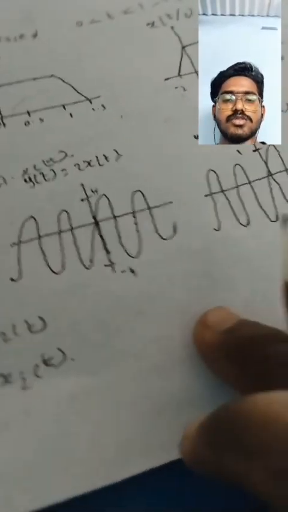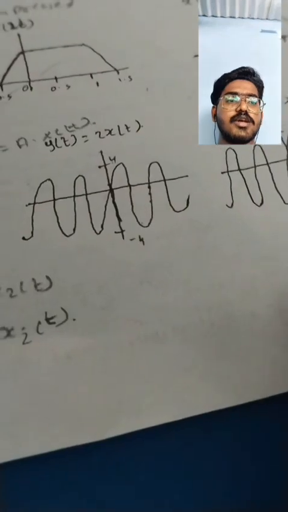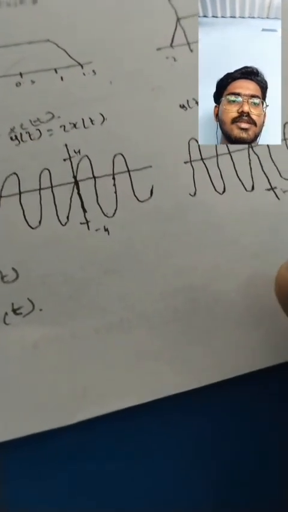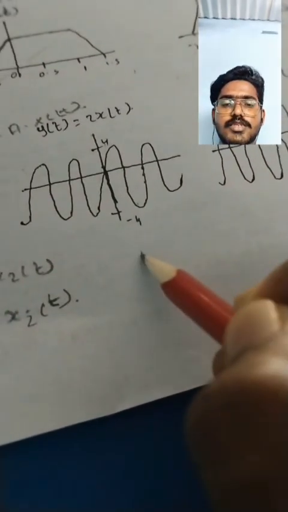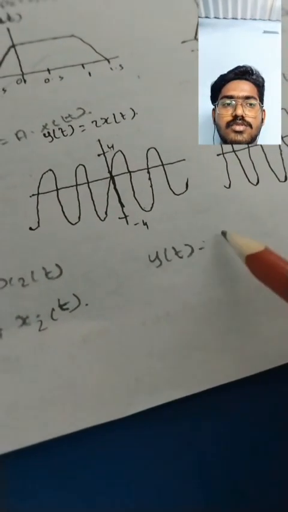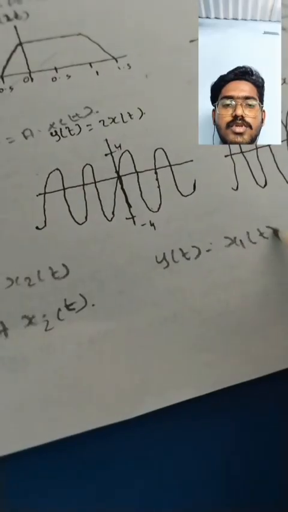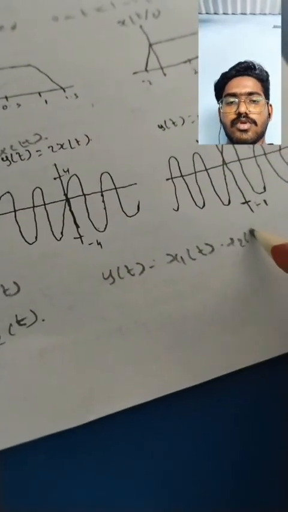As addition and subtraction, we also do multiplication, differentiation and integration. Multiplication we represent as y of t is equal to x1 of t into x2 of t.